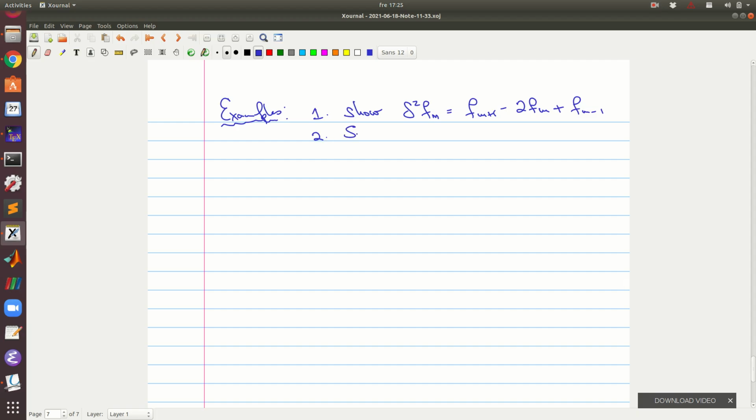Then two, we would also like to show that the third difference operator at that point is going to be equal to the third central difference operator of f of m.